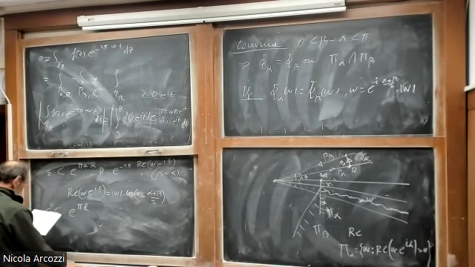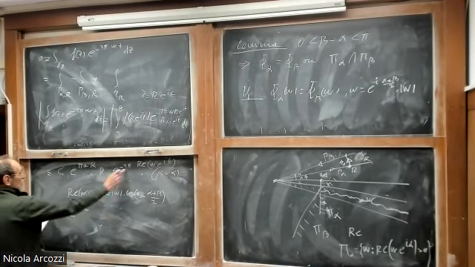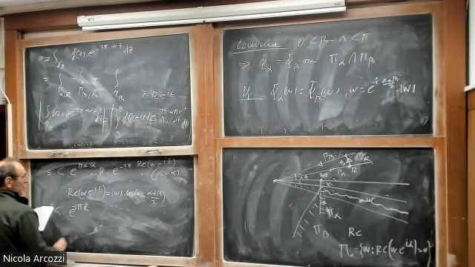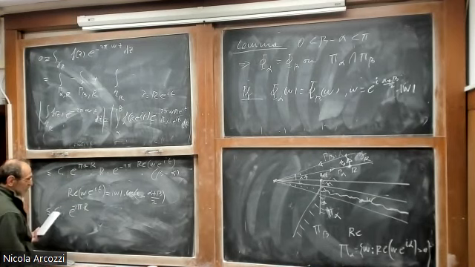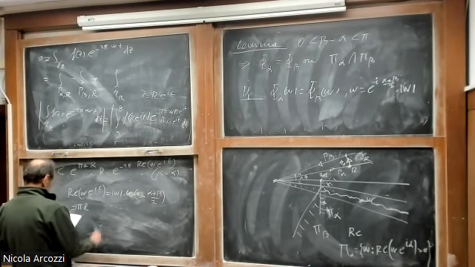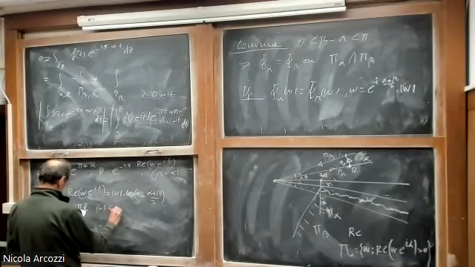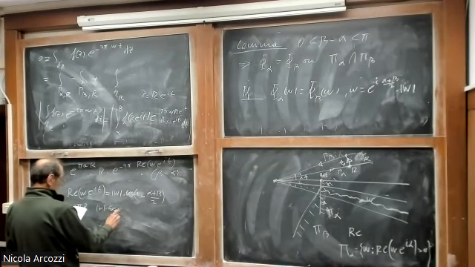And then we get modulus W, modulus W times the cosine.